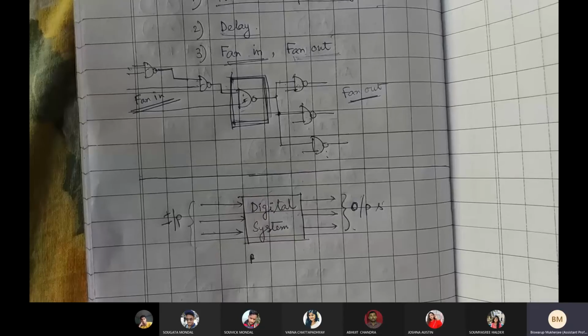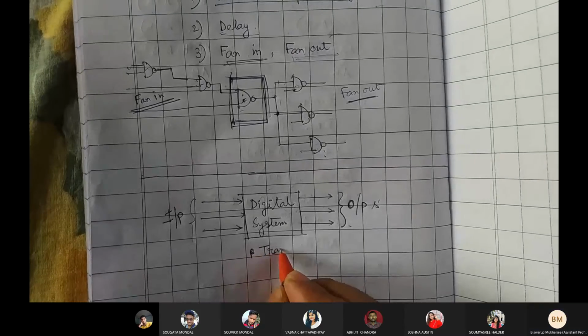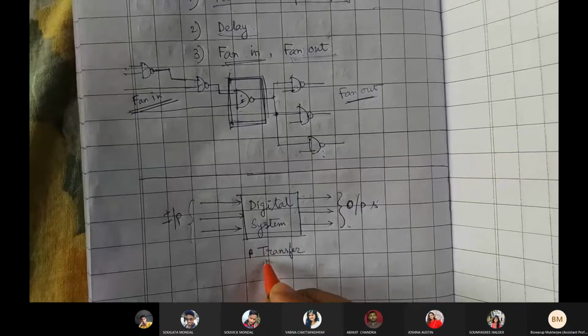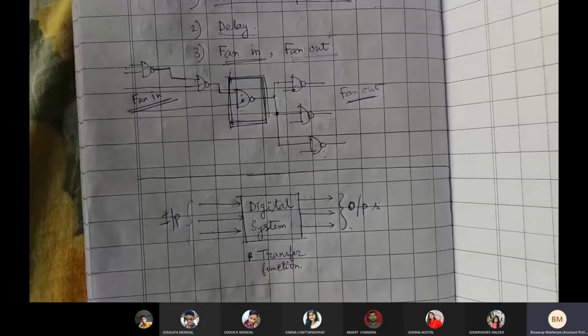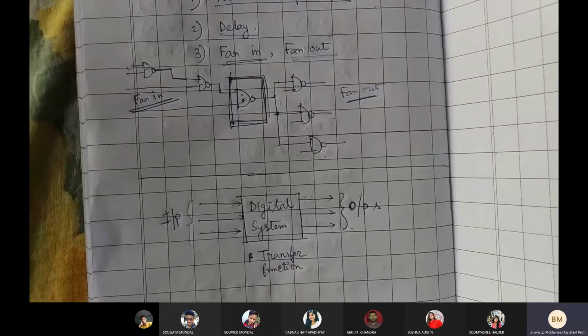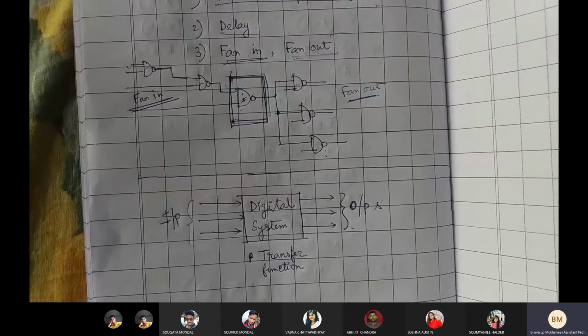Kichu ekta relationship ache, and that relationship is called the transfer function. How output can be generated from the input. That definite relationship between output and input is called the transfer function.